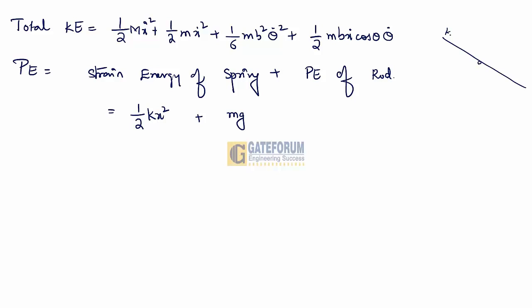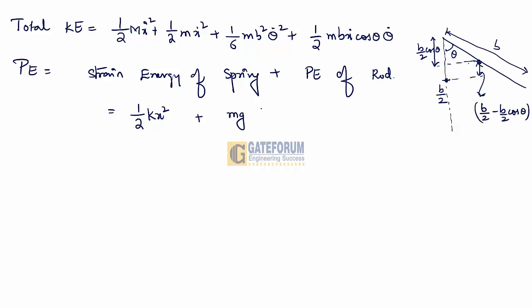So if the total length is B, initially the rod was like this, so the center of gravity initial position is B by 2, and once it is moved by an angle theta, this height will be equal to B by 2 cos theta. So the net vertical displacement is B by 2 minus B by 2 times cos theta.